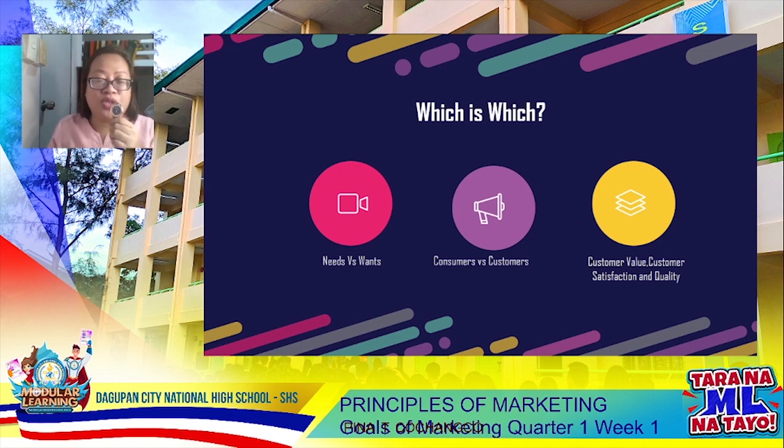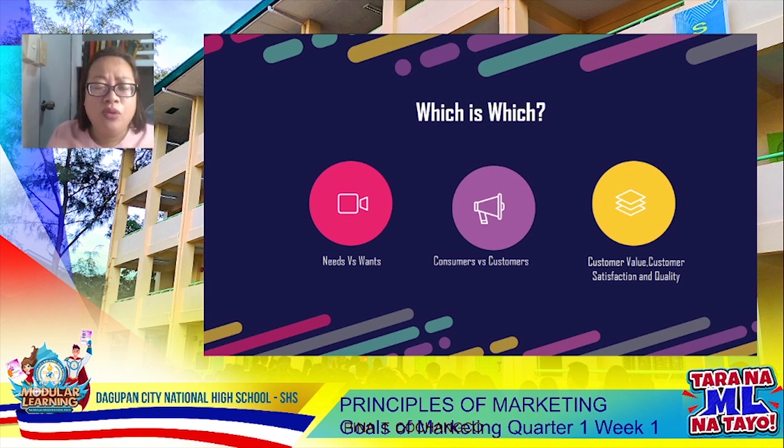I purchased it for 3,500. It normally retails for 5,000 or 7,000 depending on the store or shop, no? So a customer would find a product valuable if, for example, he purchased it at a much higher price, there's an expectation that the product would last longer and would give him more value, right? So that's customer value.